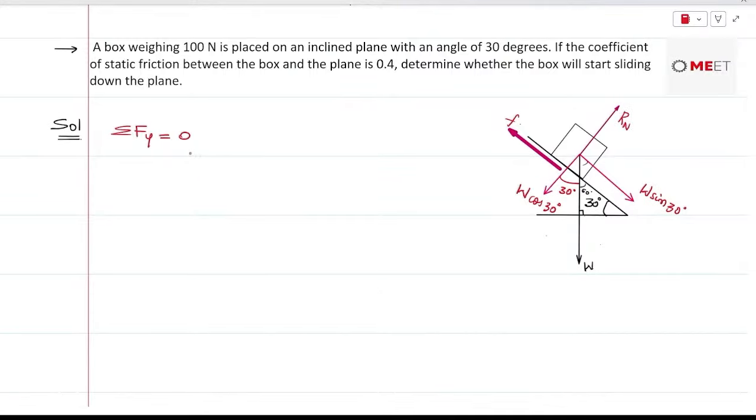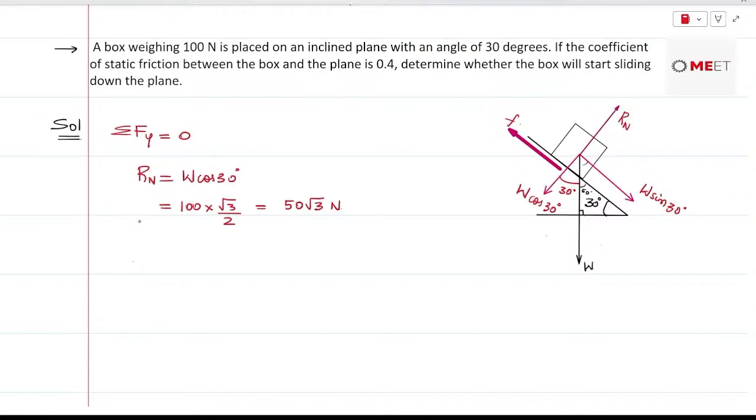Now equilibrium of forces in y direction, that is Rn is equal to W cos 30 degrees, which is 100 into cos 30, that is root 3 by 2, which is 50 root 3 newtons.